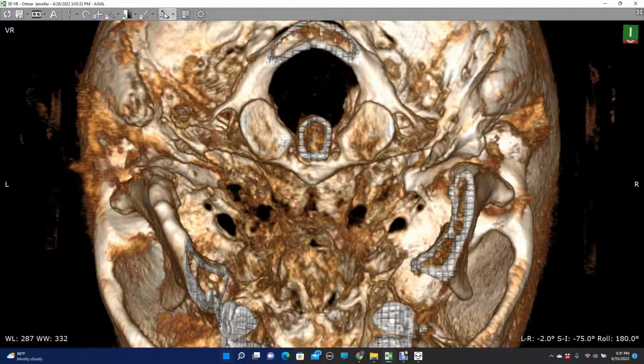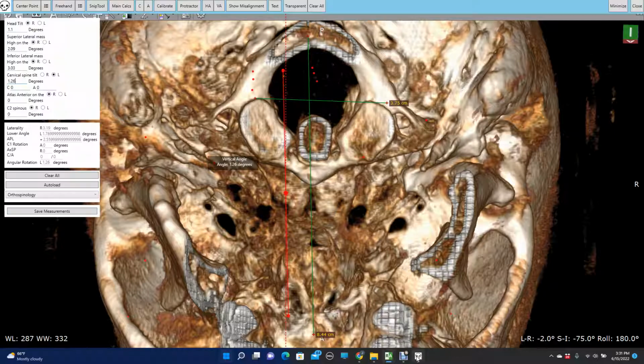We've already established that the skull isn't rotated. We already took the rotation out. So all we need to do is compare that atlas to that. So in the toolkit, all I do is horizontal angle, and if we put it right on top of the atlas here and here, we should see that this atlas is anterior on the right side by 1.63 degrees. Or, of course, you can do more of my drop it right on the cake technique.